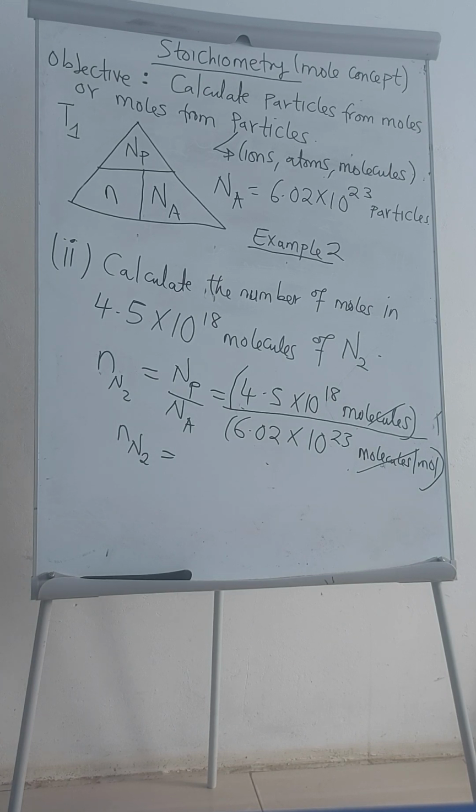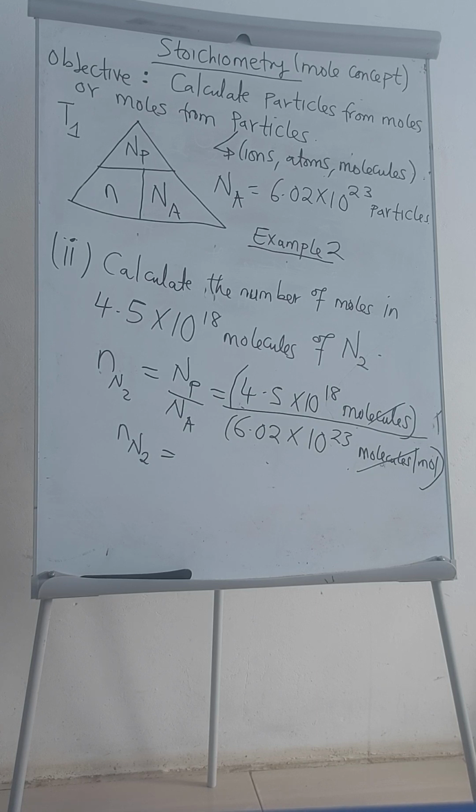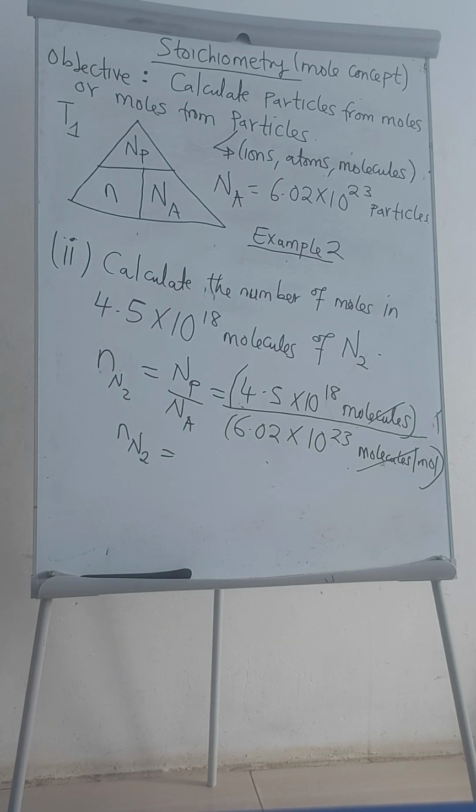So bracket 4.5 times 10 raised to the power 18 divided by bracket 6.02 times 10 raised to the power 23 bracket.